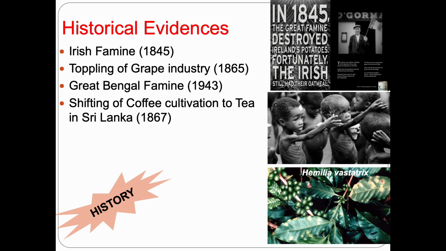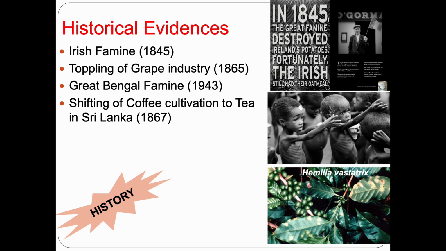If we see the history, it was in 1845 that the Irish famine occurred in Ireland, because of which a huge population migrated from Ireland to South America, followed by the toppling of the grape industry in 1865, because of which the wine industry in France totally declined.